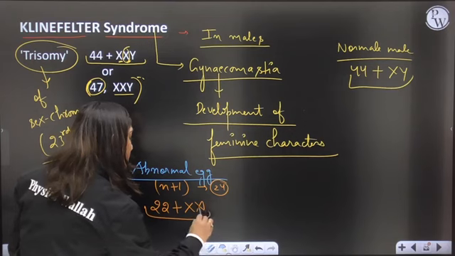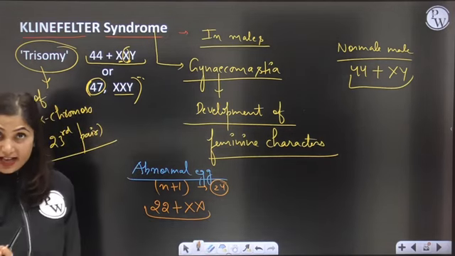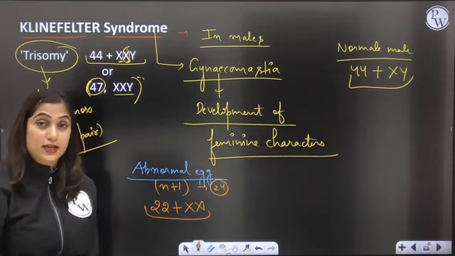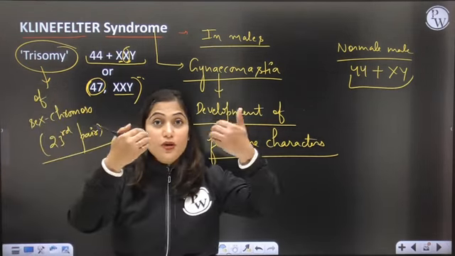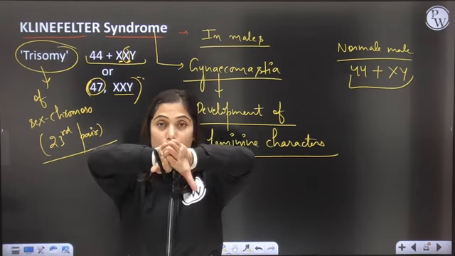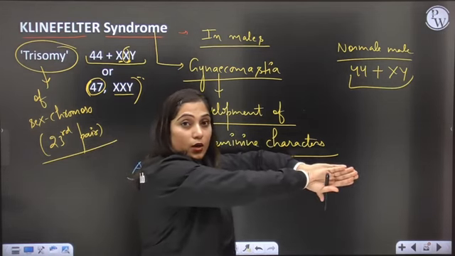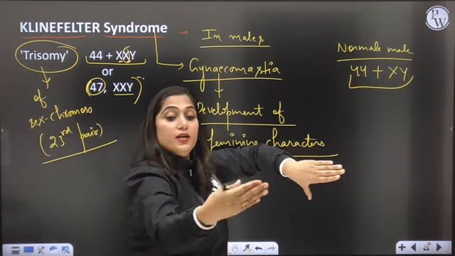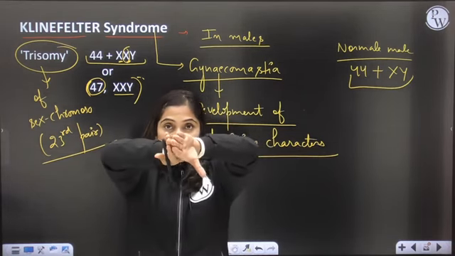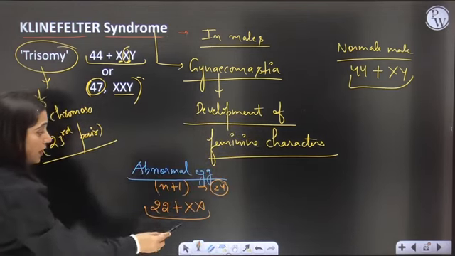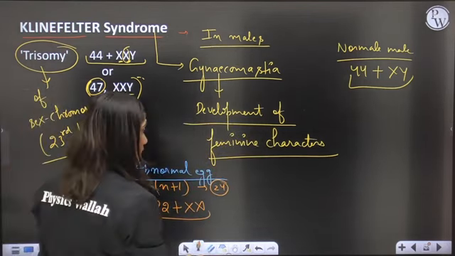A normal egg should have the 22 plus X condition, but the abnormal egg has the 22 plus XX condition, because there would have been non-disjunction between the X chromosomes. Both the X chromosomes came on one side, and on the other side no X chromosome. So because of the non-disjunction in the X chromosomes, the abnormal egg 22 plus XX is formed.